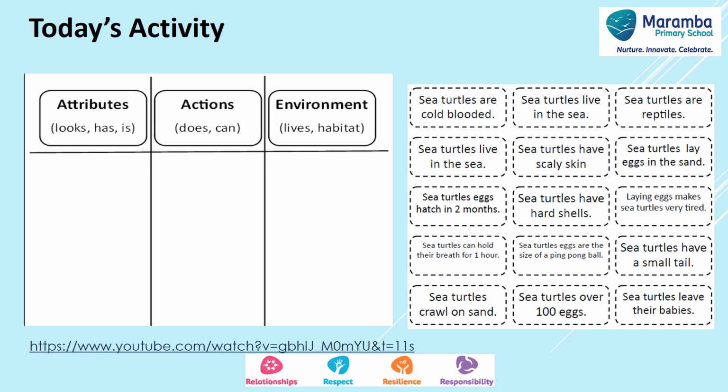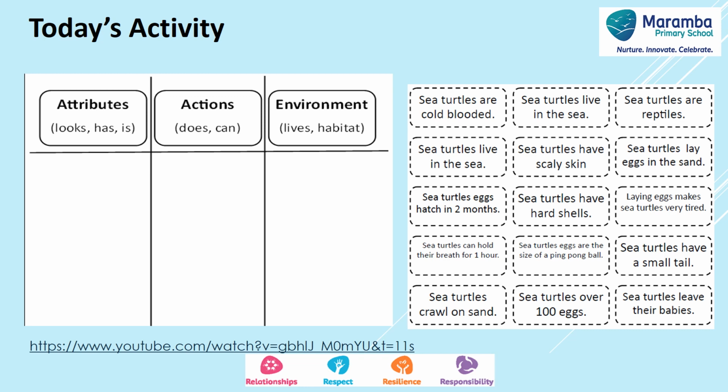Now, I have attached a YouTube clip that I'm going to ask everyone to watch at the end of this presentation. And it is all about sea turtles. There are lots and lots of facts in this presentation which will help you to understand how we are going to do today's activity.